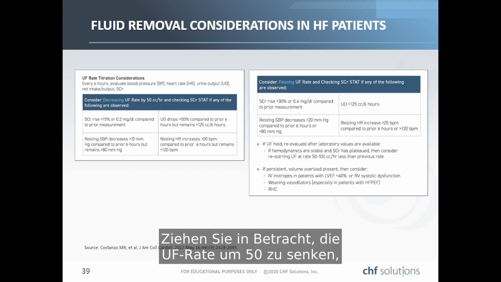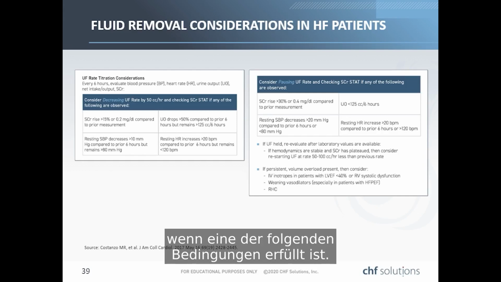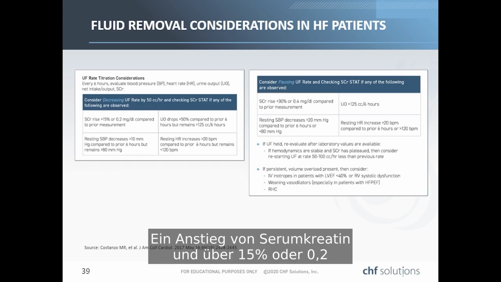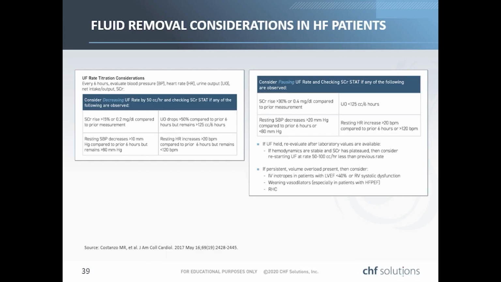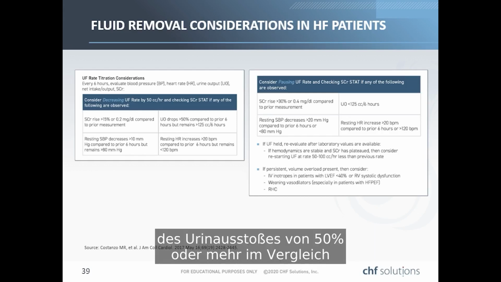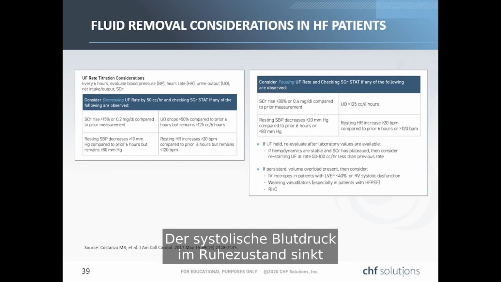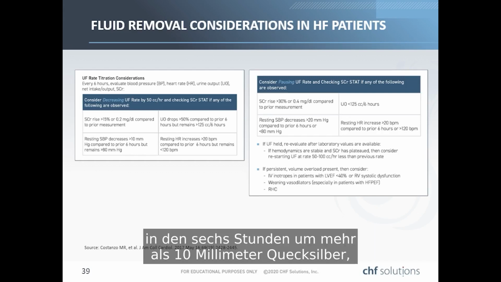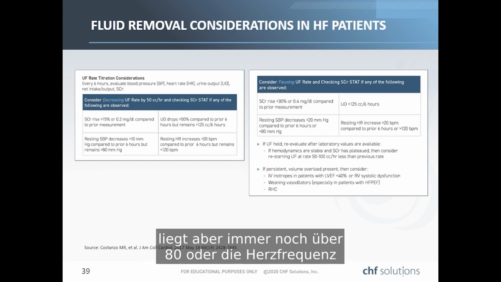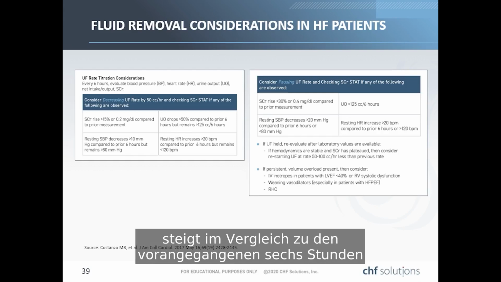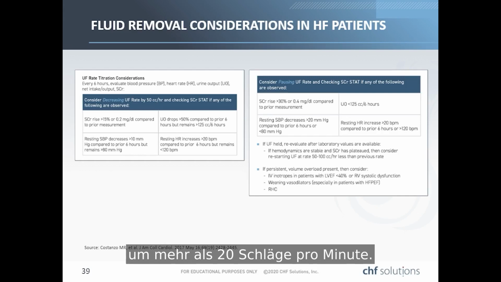Consider decreasing the UF rate by 50 if any of the following are observed: a rise in serum creatinine above 15% or 0.2 compared to prior measurement, a drop in urine output of 50% or more compared to the prior 6 hours, but still greater than 125 cc's in a 6-hour period, resting systolic blood pressure decrease over 10 millimeters mercury compared to the prior 6 hours, but still above 80, or a resting heart rate increase above 20 beats per minute compared to the prior 6 hours, but still below 120.